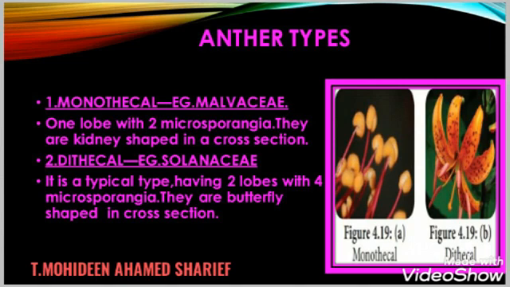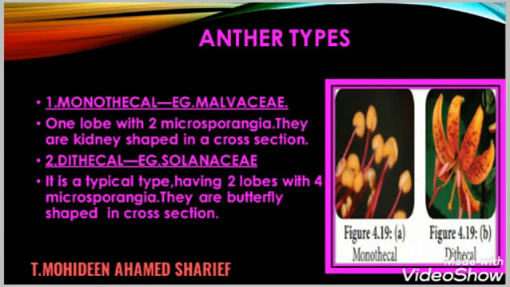Next, we will see about the anther attachment. It is of 4 types: basifixed, dorsifixed, versatile, and adnate. So the base of anther is attached to the tip of filament. This is called as basifixed. Apex of filament is attached to the dorsal side of the anther.